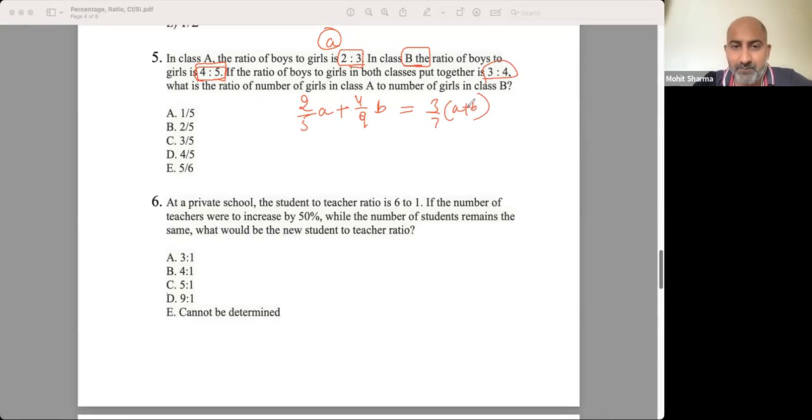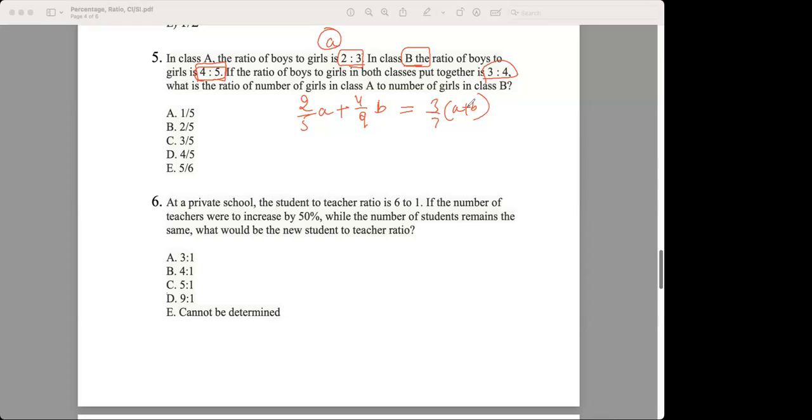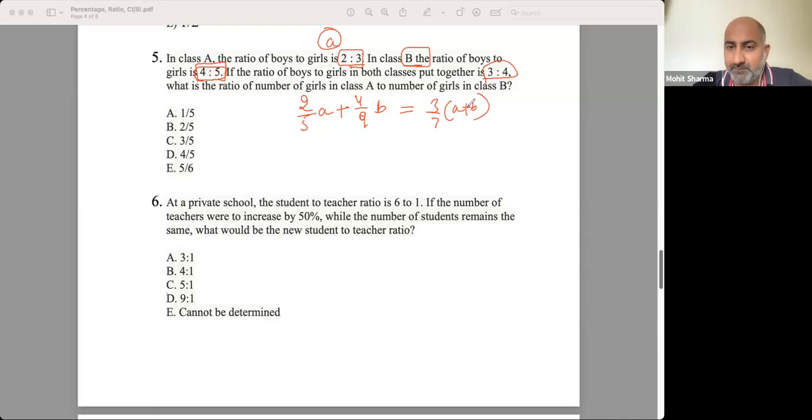Right? Yes, sir. Okay. And from here, you can calculate anything that you want. Okay. Let's calculate. So this would be 2 by 5A. I mean, we have little weird numbers here, 5, 9, and 7. So let's calculate 2 by 5A minus 3 by 7A and 3 by 7B minus 4 by 9B.